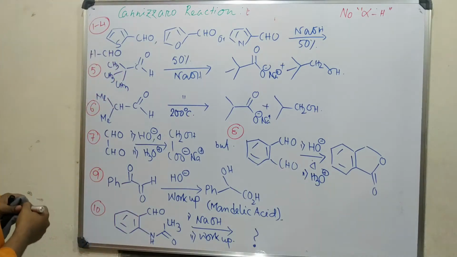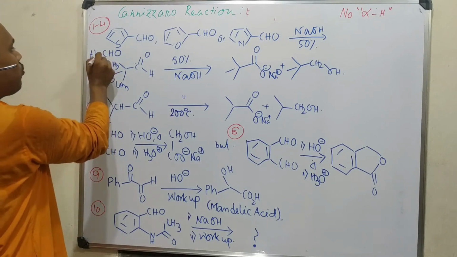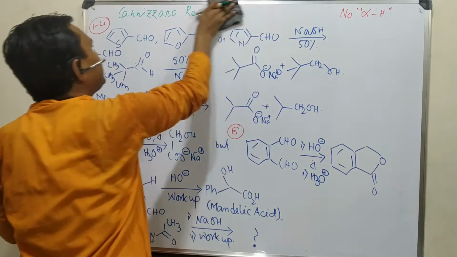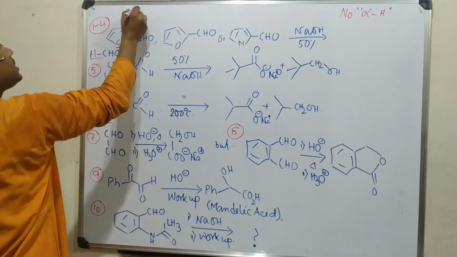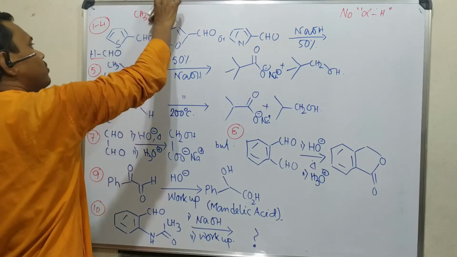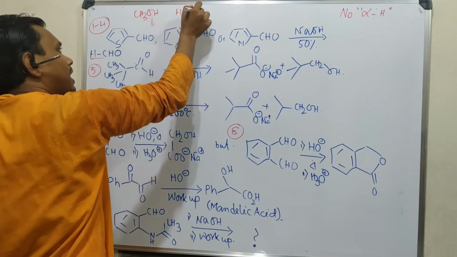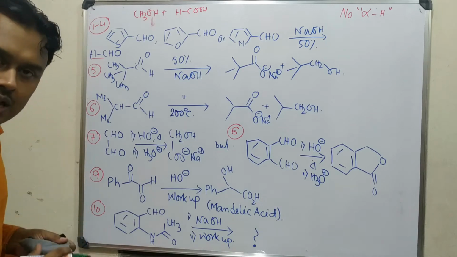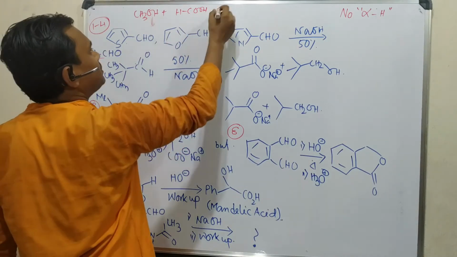Now let's discuss formaldehyde, the simplest aldehyde, with no alpha hydrogen. What does formaldehyde do? Formaldehyde gets reduced under this reaction condition and produces methanol, CH3OH, and the part that is oxidized produces formate, and after workup it produces formic acid. Fine, formic acid we have done. What about thiophene? Similar.